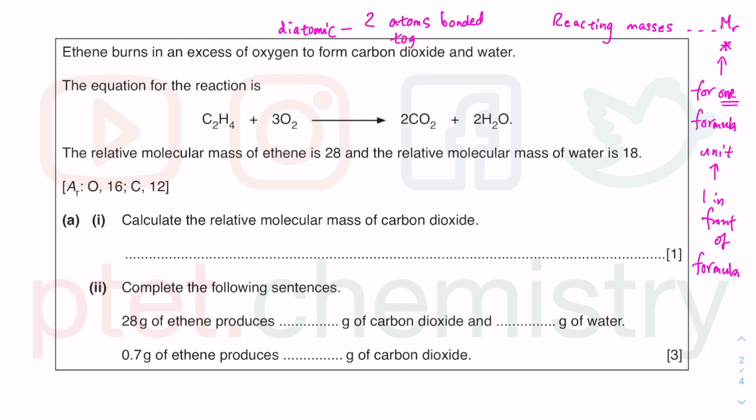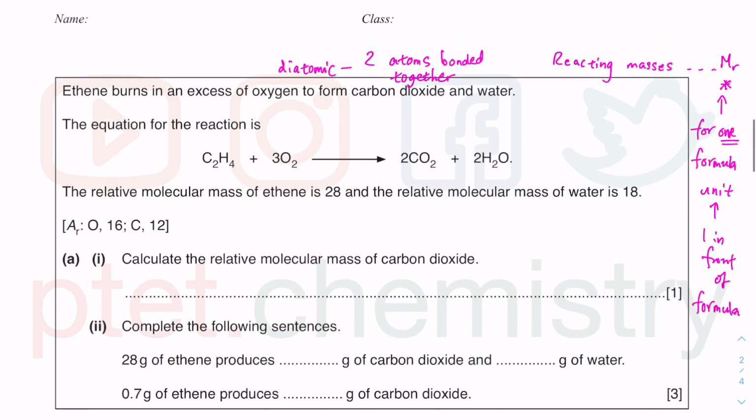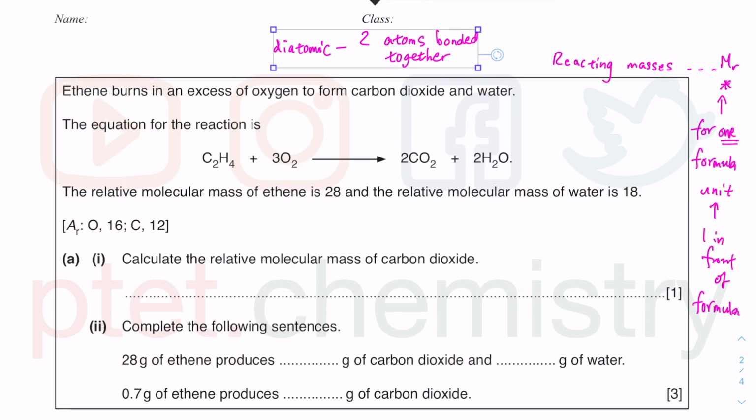So these are things from your chemical formula topic. Two atoms bonded together is what you call a diatomic molecule. As you know, there are many other diatomic molecules such as hydrogen H2, oxygen O2, nitrogen N2, Cl2, Br2, F2, etc. Even I2 as well, such as all the group 7 elements.